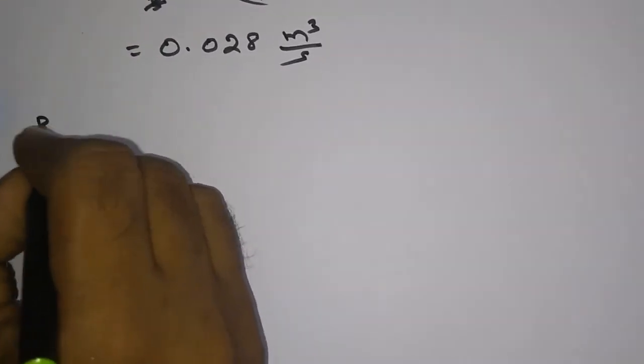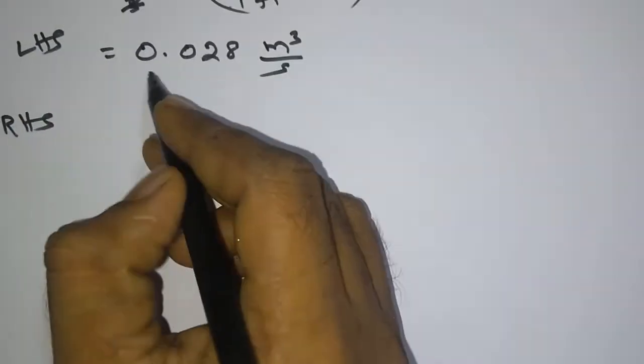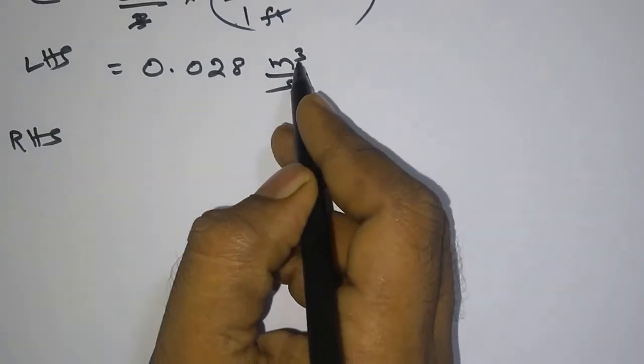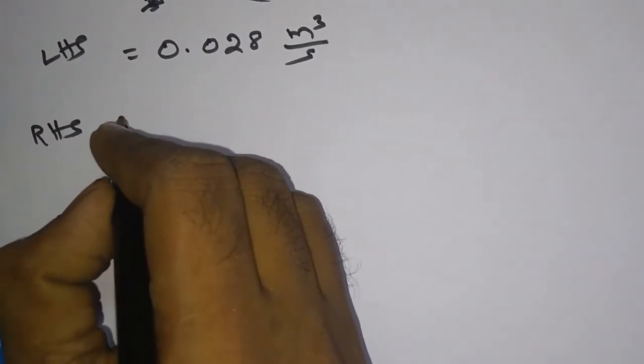Okay, similarly what happens to the right hand side? So this left hand side has to be multiplied by 0.028 to get the units in meter cube per second.